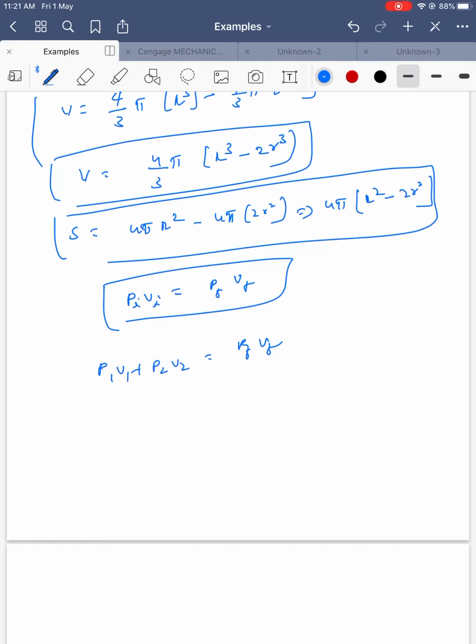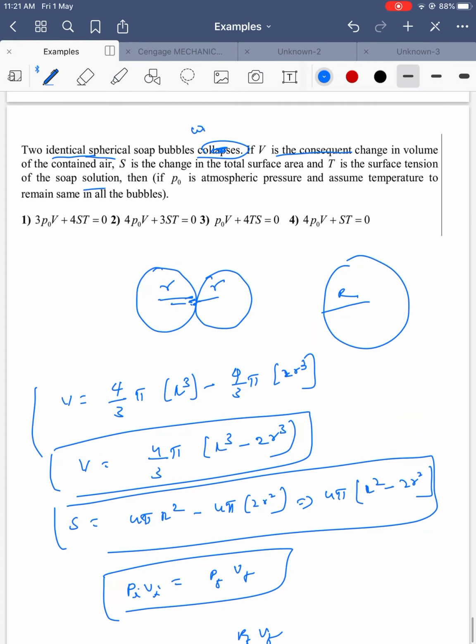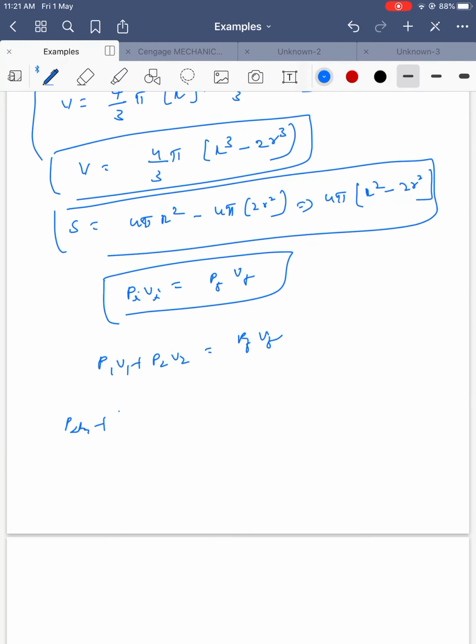Okay, P1 is equal to P atmosphere plus, for a bubble, 4T by R1.